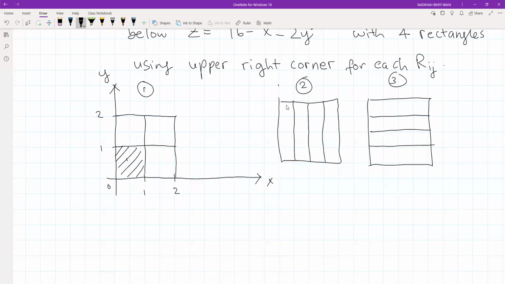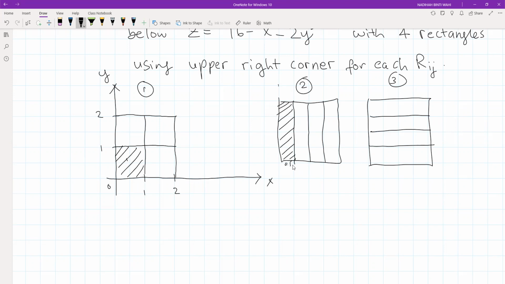Tapi kalau dalam kes yang kedua, second case, kalau saya buat macam ni, what's the value for this area? So kena kira sikit. Yang ni macam satu, yang ni adalah 0.5.